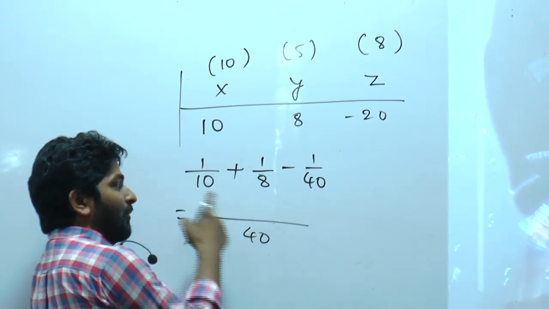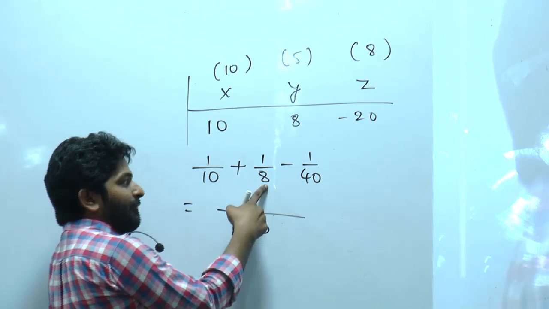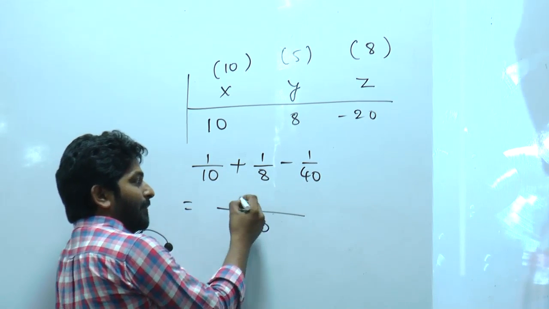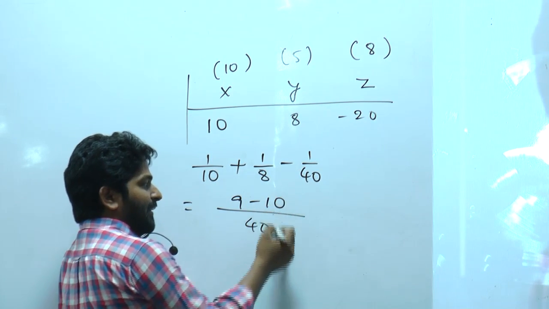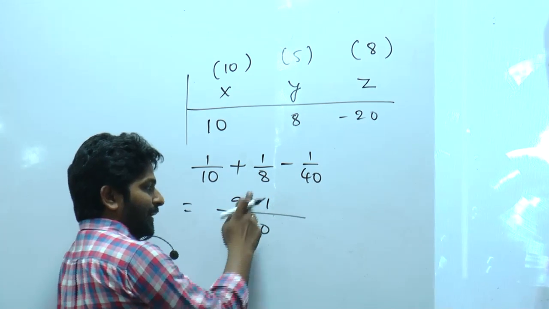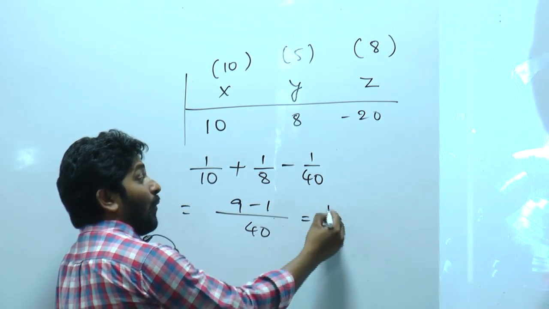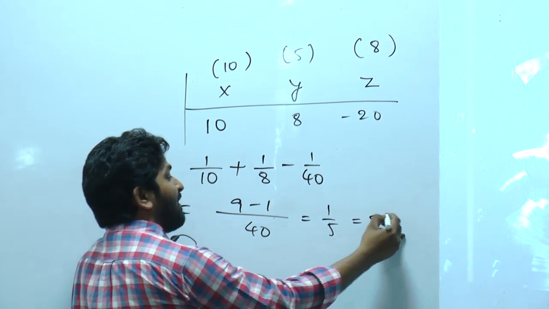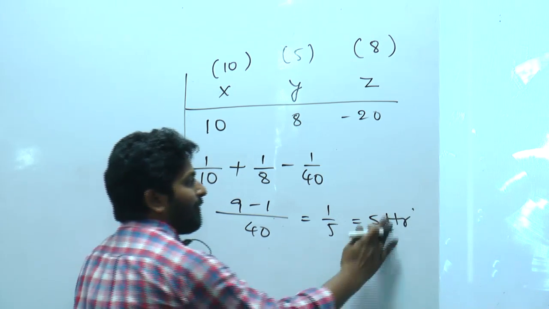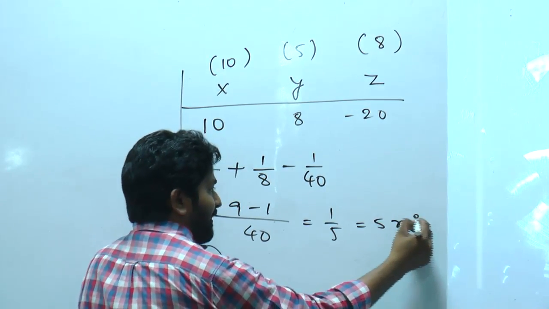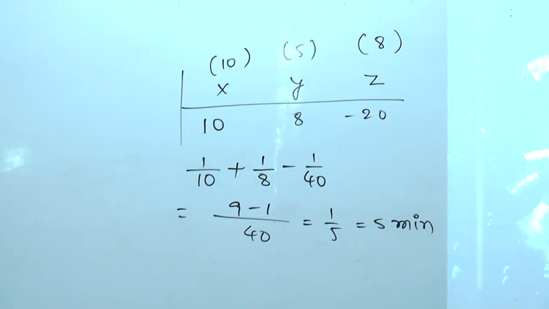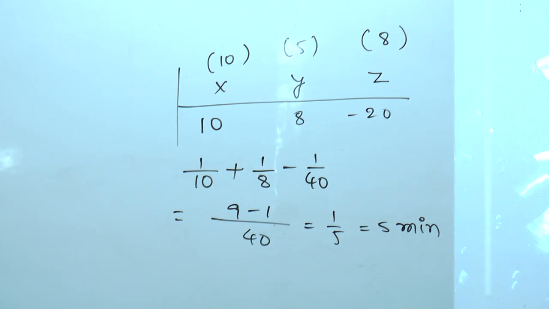LCM 40. 4 plus 5 is 9, minus 1, 8 by 40, 1 by 5. Answer 5 hours, or 5 minutes, sorry. 5 minutes. It takes 5 minutes to fill the tank.